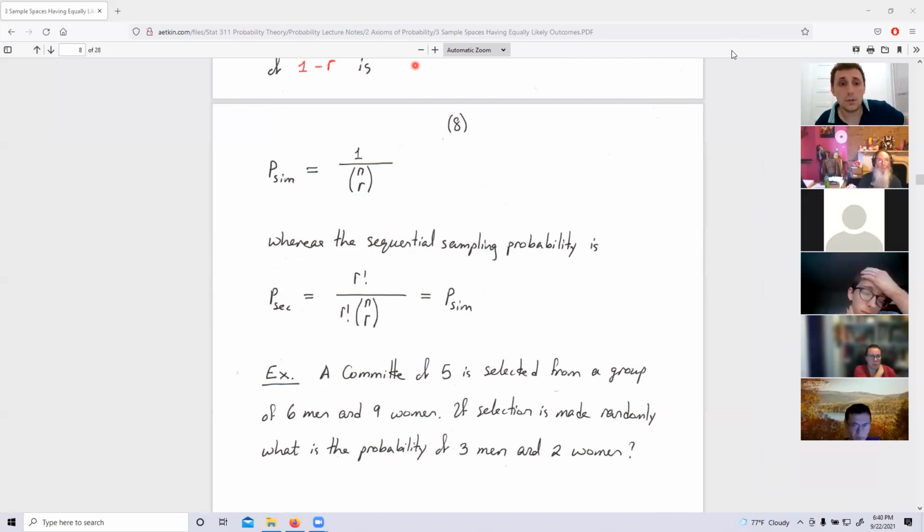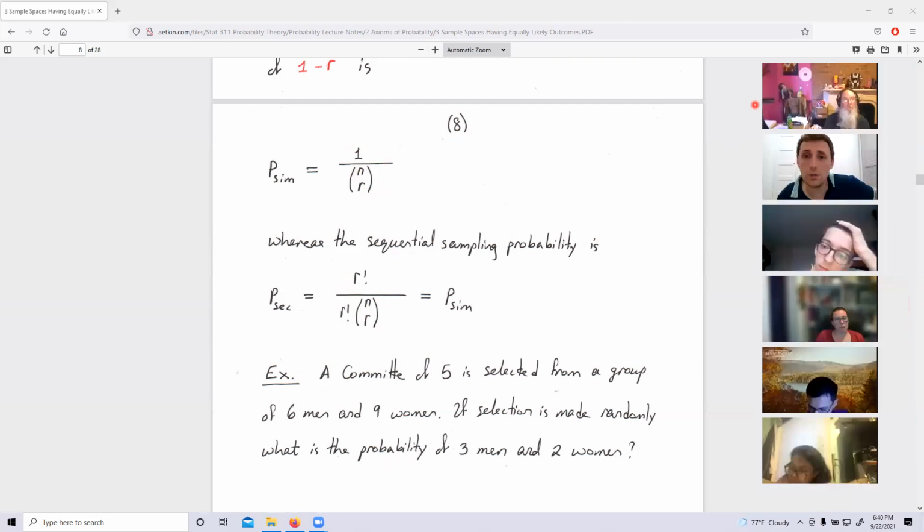Do you understand? So in the sequential situation, the number of universes is bigger by a factor of R factorial, but the set E of interest is also bigger by the same R factorial, by the same proportion, and you can cross them out. You understand why I could actually switch from assumption 1 to assumption 2 without anything affecting anything? Yes?